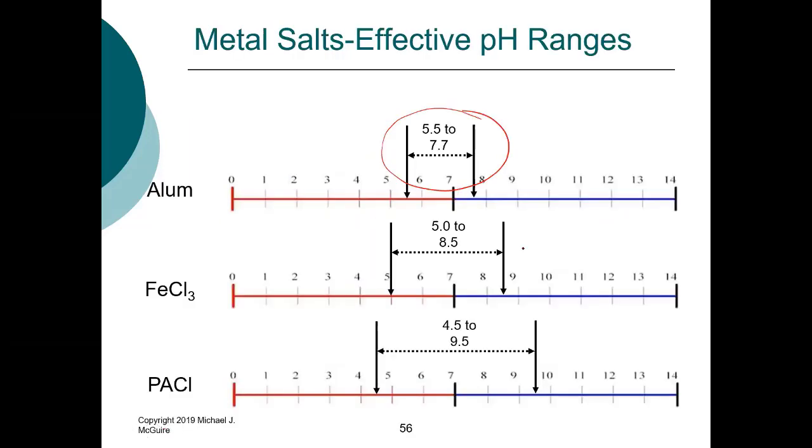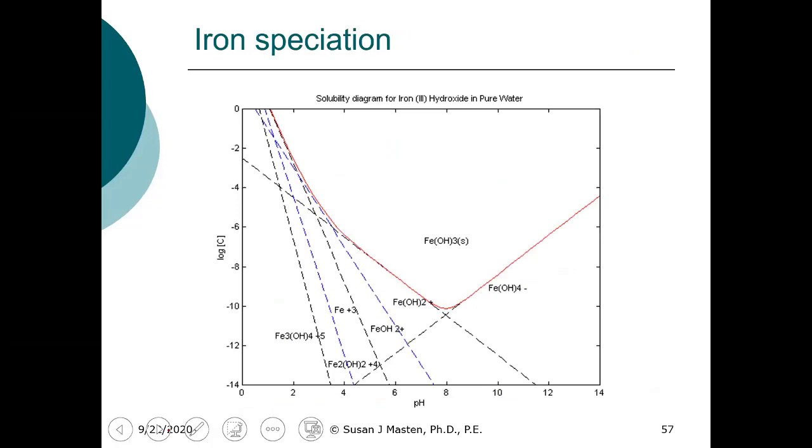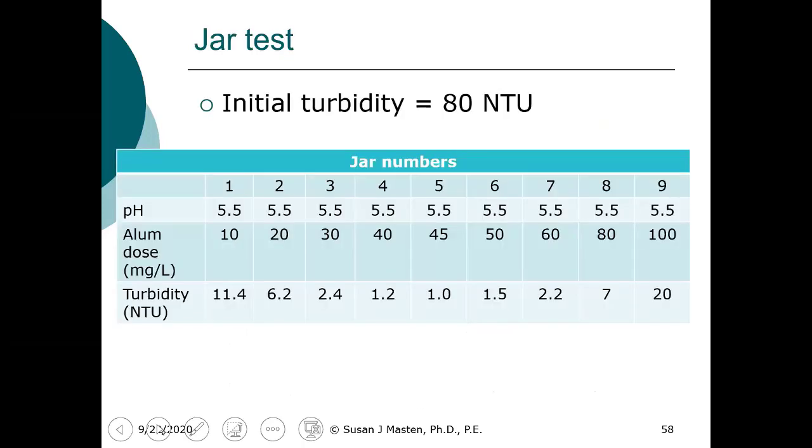For ferric chloride, it actually has a higher range, a little bit lower and a little bit higher range. And if you look here, this is the solubility diagram for ferric hydroxide, and you see that it's shifted to the basic pH range. So it's not surprising that it actually is effective at a higher pH range, and that's one of the reasons why it's used over alum.